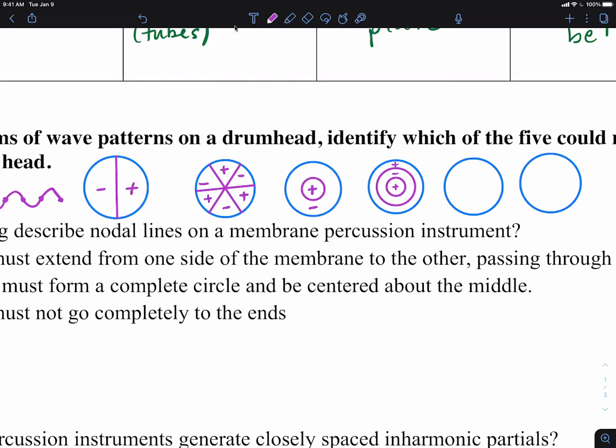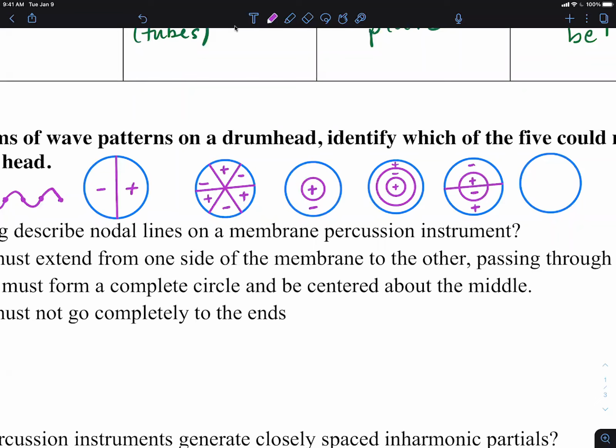And then you can have ones that are mixed up, where you have a circle, but then you also have, say, a line through it. And again, adjacent sections would be out of phase with each other.